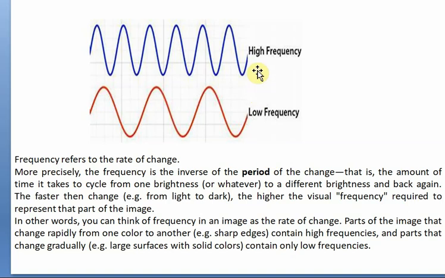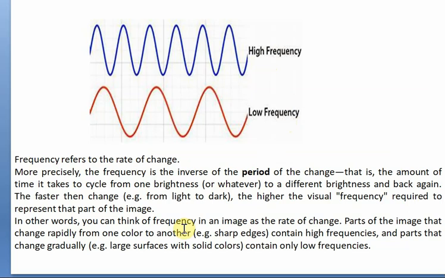Also observe, high frequency means time period is low and rate of change is high. Low frequency means time period is high and rate of change is low. Remember these two figures in mind. Once you understand high frequency and low frequency for an image, you can easily understand the smoothing operation and sharpening operation.